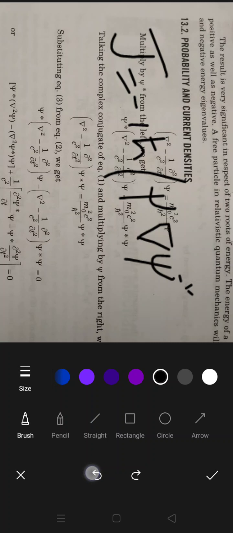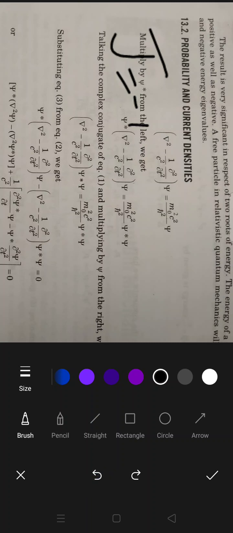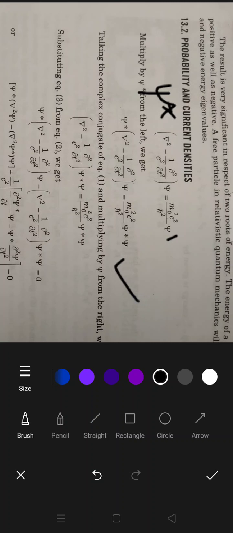So we are going to derive the probability and the current densities in the relativistic quantum mechanics domain. This is the Klein-Gordon equation. Now multiply by psi star, the complex conjugate of the wave function, from the left, and the equation will become like this.